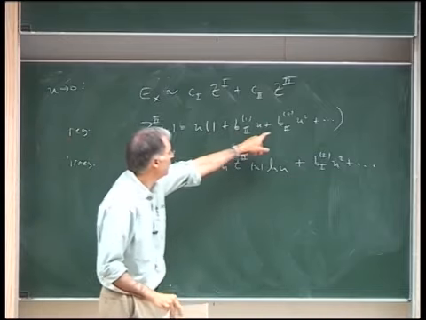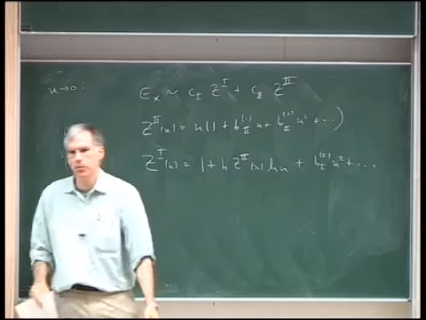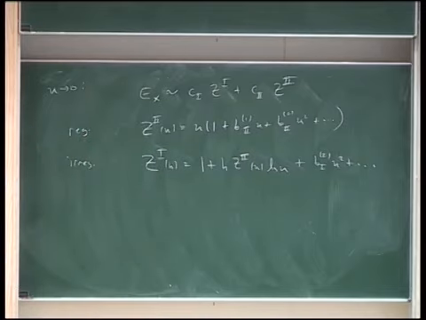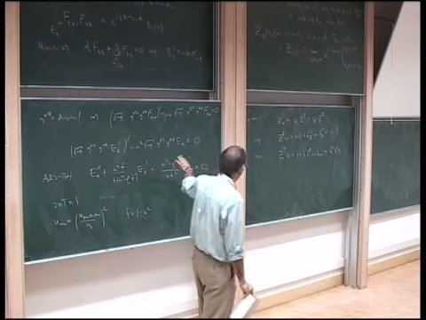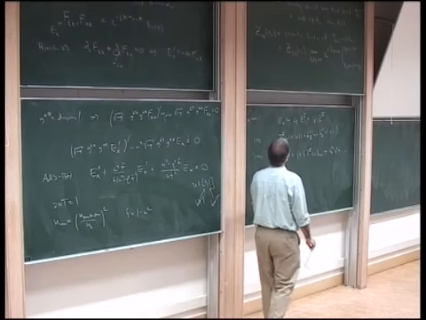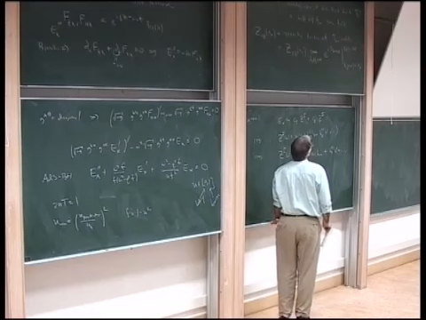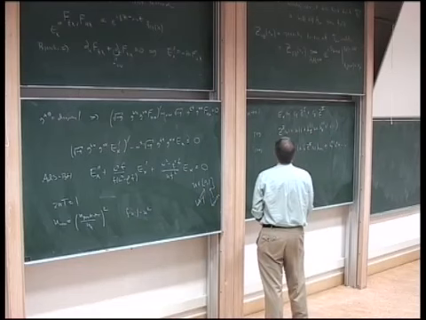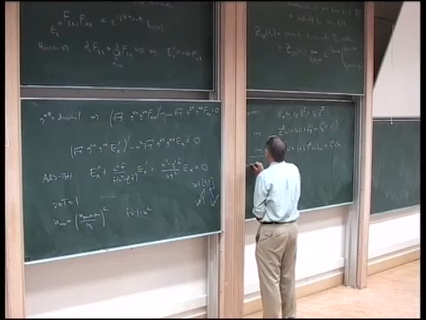And all these coefficients in the small u asymptotic behavior are completely determined by stuffing that form into the differential equation and demanding that it be satisfied. All right, that's the near boundary behavior.